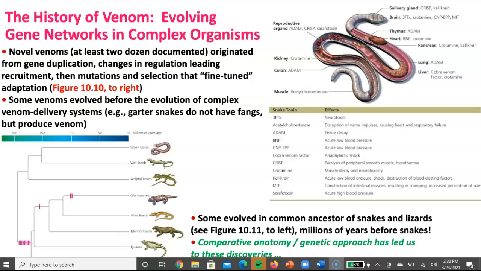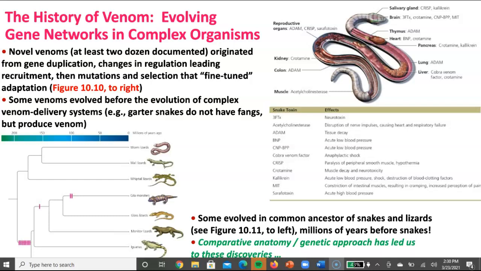And what we have now, through this comparative approach of looking at multiple more distantly related species and examining the genes in these species, is that we can see that some of these venoms evolved in the common ancestor of snakes and lizards. If you look at the figure in the bottom left of the slide, it says figure 10.11, but it's 9.11.